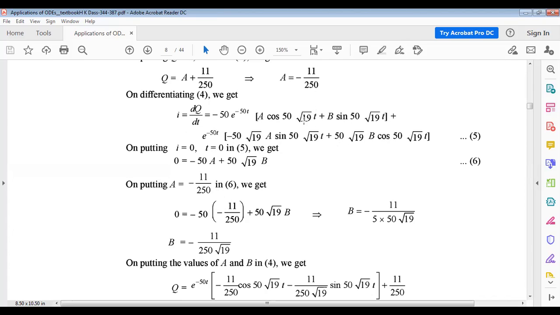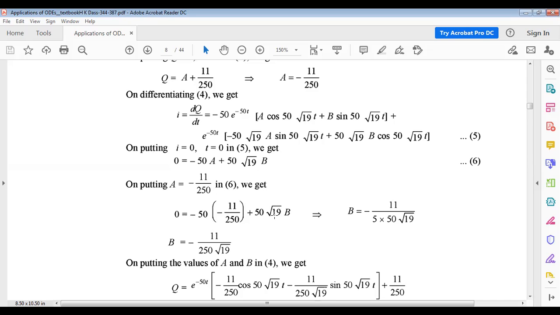So b sin 0 means 0, plus e to the power 0 means 1. So minus 50 and sin 0 will be 0. So only this one, 50 root over 19 into b, and cos 0 is 1. So we get this from equation 5 after putting I equals to 0 and t equals to 0.